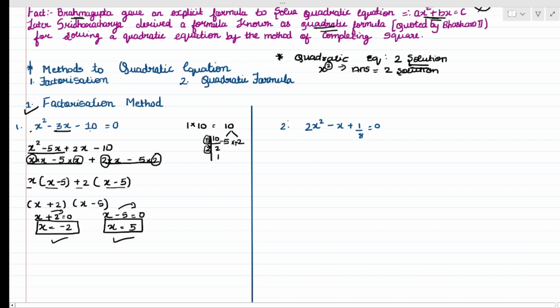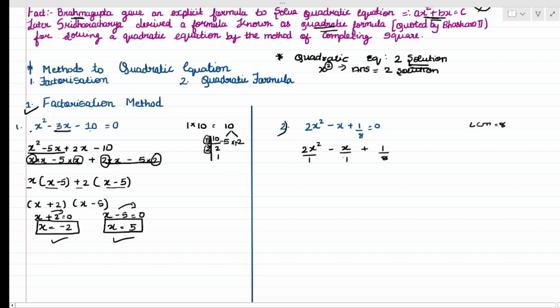This was the simple equation. Now we are going for the next equation in which we have a denominator. So first step will be in this case to remove this denominator. How can you remove this denominator? So 2x square, write down in denominator as 1 minus x upon 1 plus 1 upon 8. Okay. Now take your LCM. So LCM will become 8.